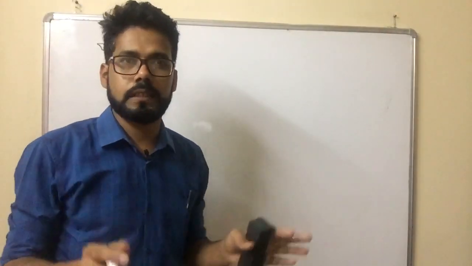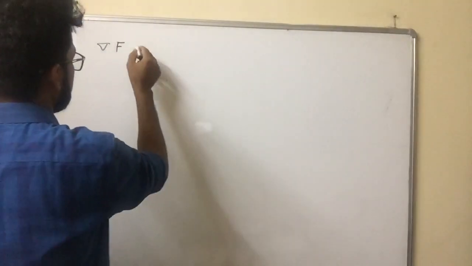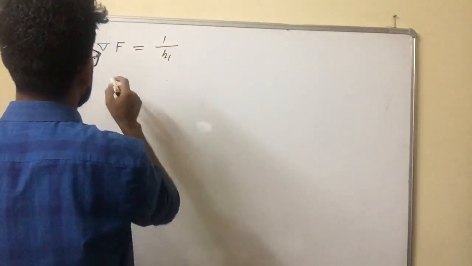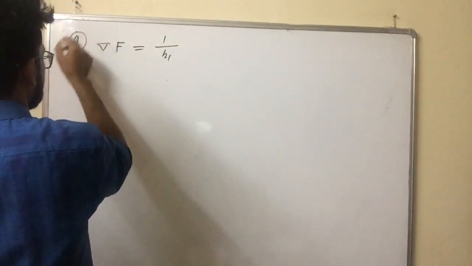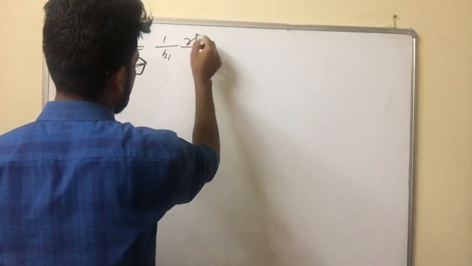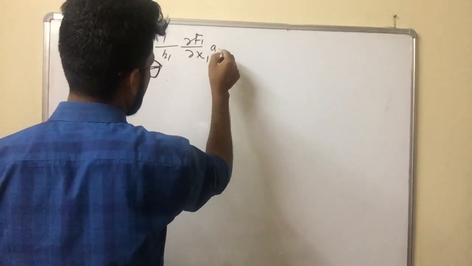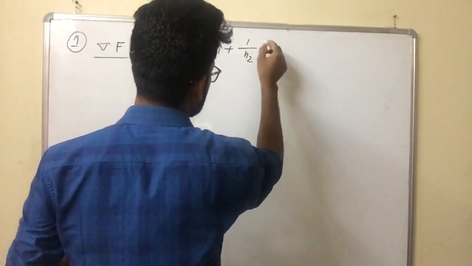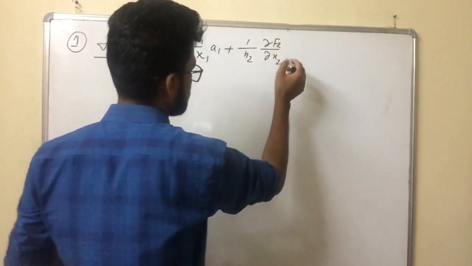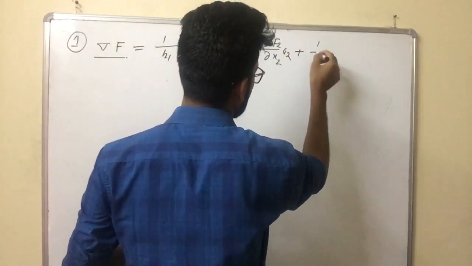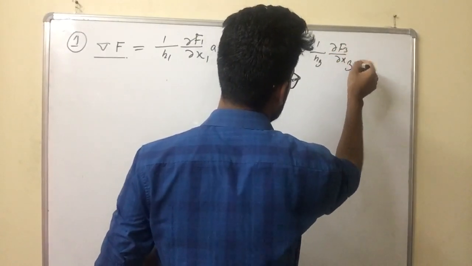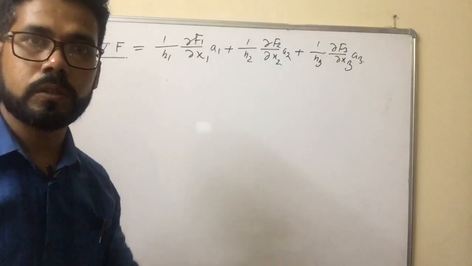This is the general formula: 1 by h1 times del f1 by del x1 times a1, plus 1 by h2 times del f2 by del x2 times a2, plus 1 by ht times del ft by del xt times at. This is the general formula applicable for the coordinate systems.